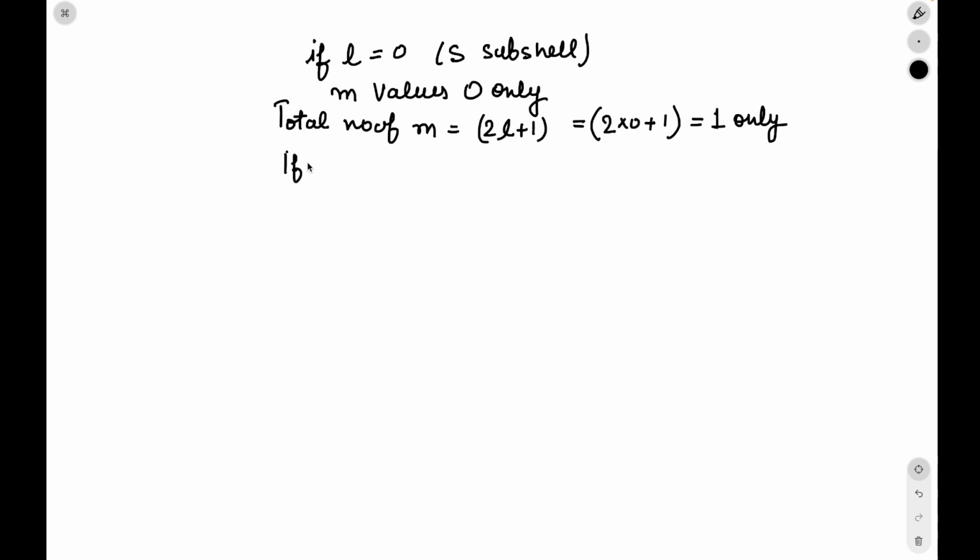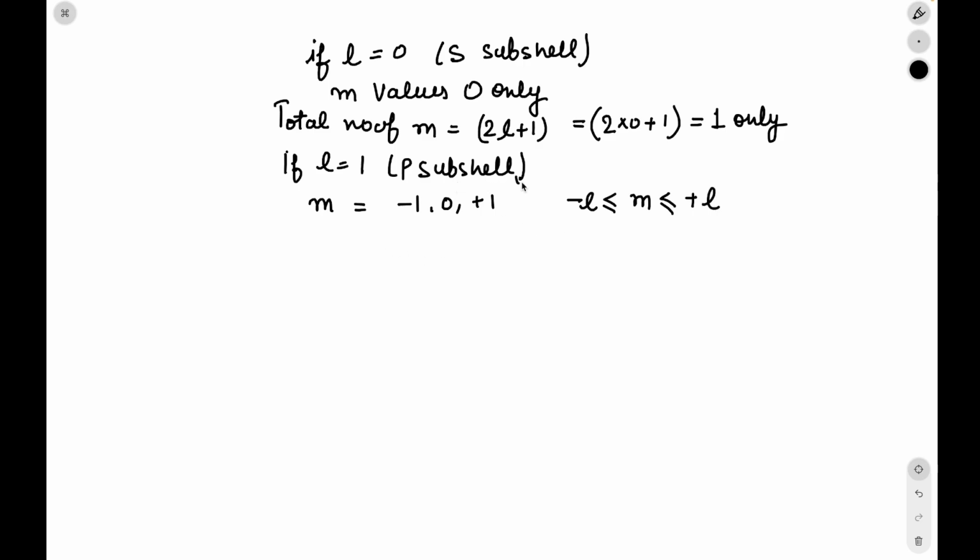And if l is equal to 1, that is the p subshell. For the p subshell, m values are minus 1, 0, plus 1. We get it by using the formula minus l less than or equal to m less than or equal to plus l.